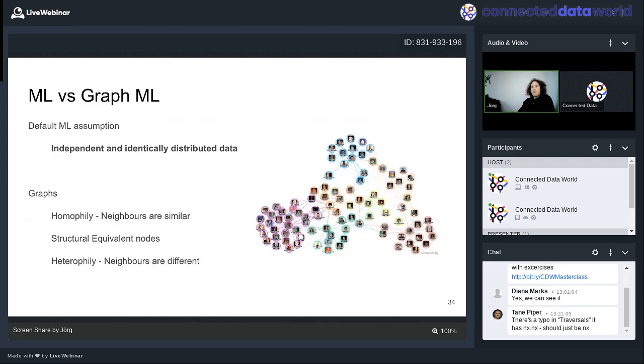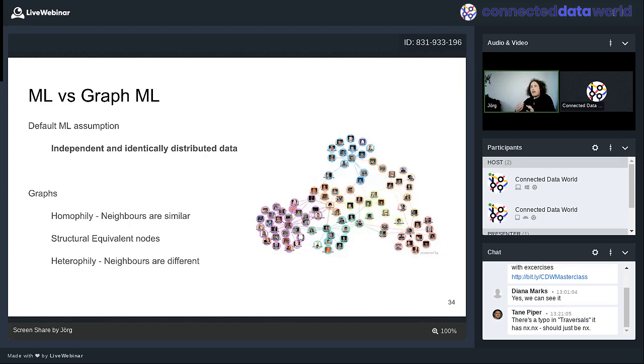And if we look at real-world data sets, this is often not true. So we had that example of our social network where if all my friends leave, I'm also likely to leave. That comes down to a property called homophily, that neighboring nodes are similar or have similar labels. Other properties of real-world data sets are that we often have structurally equivalent nodes. If we look at routing networks, or again a social network, we have certain influencers, structural nodes which form the center of a certain subcommunity.